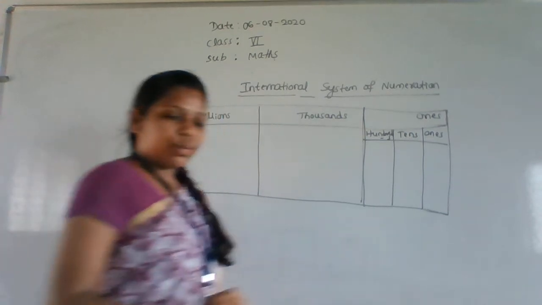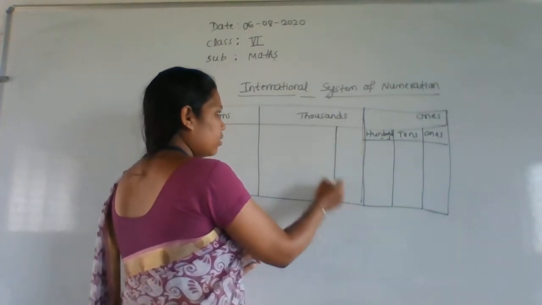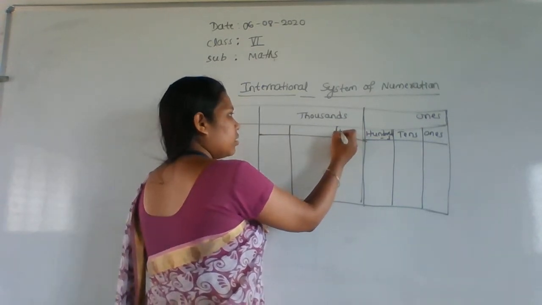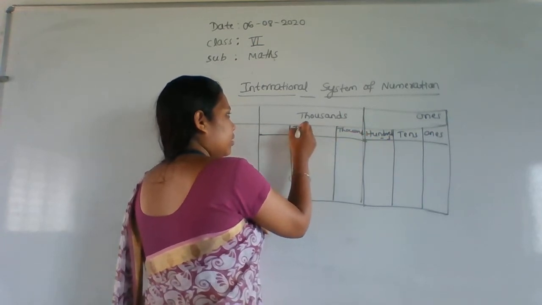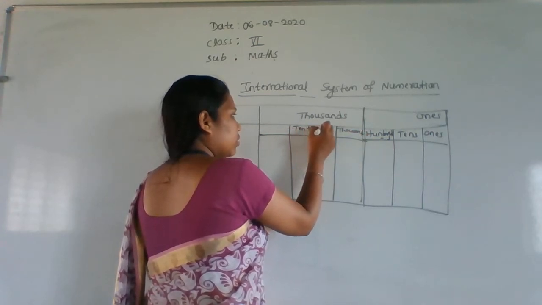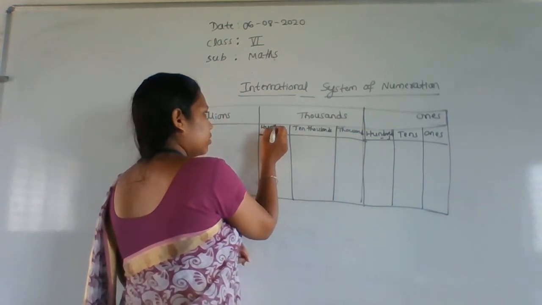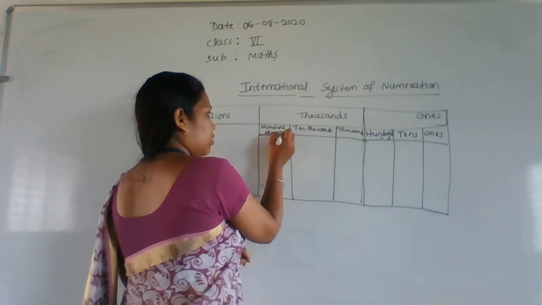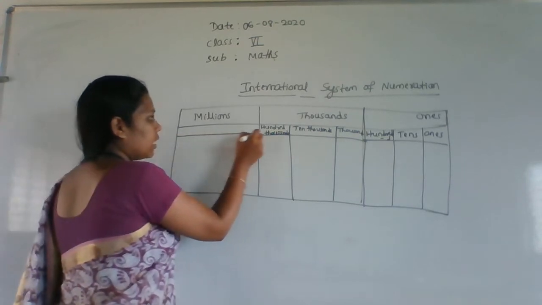Next, in thousands, the first one is thousands, then 10,000s, and next hundred thousands, 100,000s.